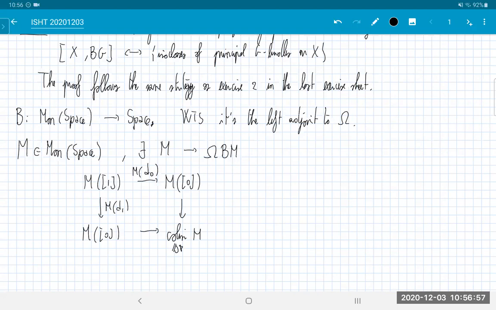And this diagram commutes by the property of the colimit. This is a fragment of the colimit diagram. And these are points, and these are points. And so we get a map M of 1 into omega BM.